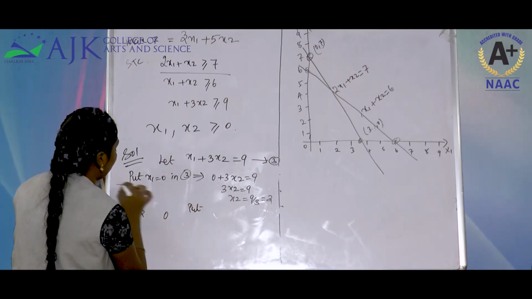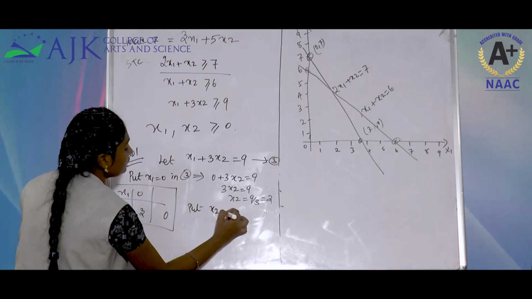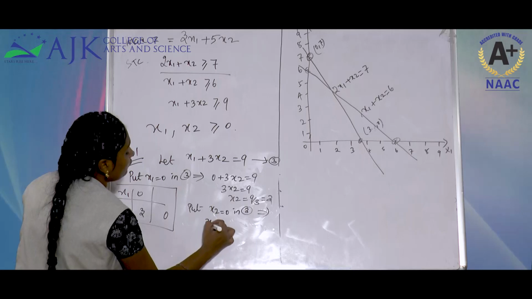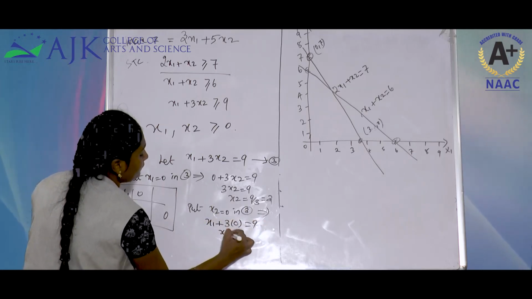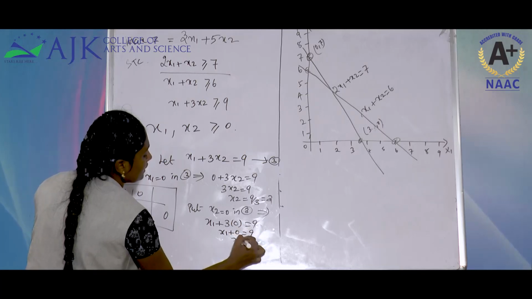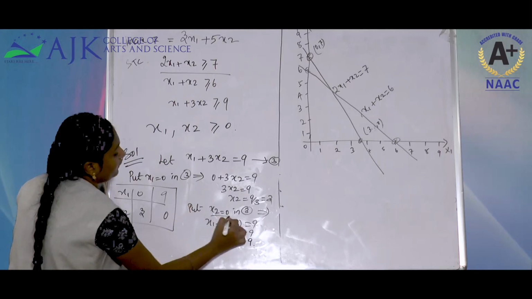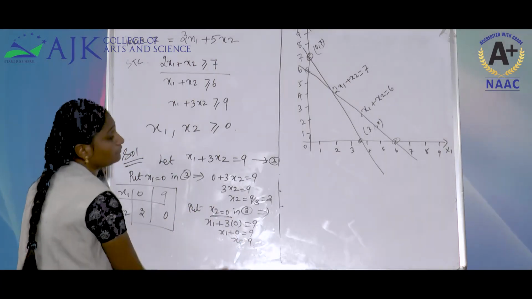Similarly, put x2 is equal to 0 in equation 3. It becomes x1 plus 3 into 0 is equal to 9. x1 plus 0 is equal to 9. So x1 is equal to 9. So when x2 is 0, our x1 value is 9.